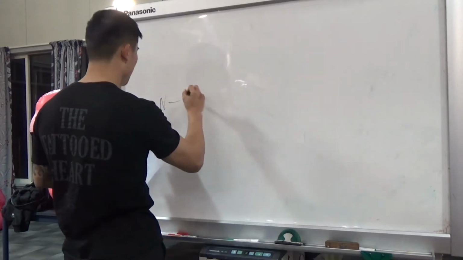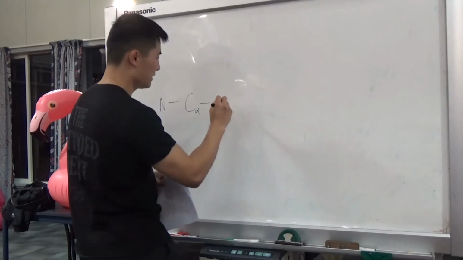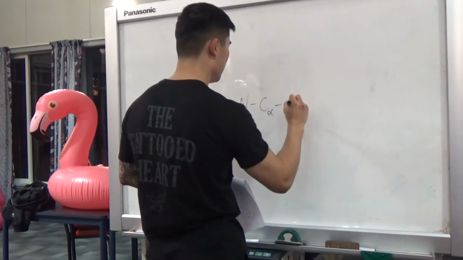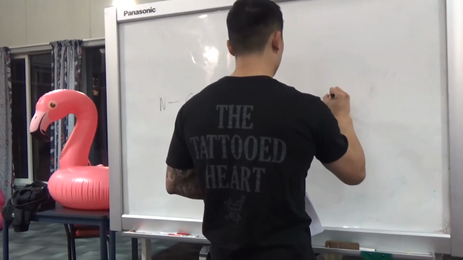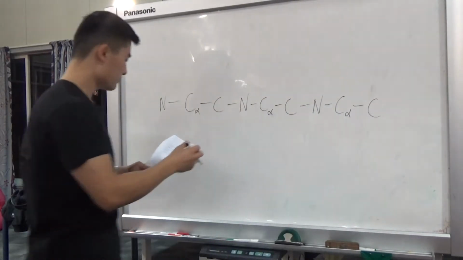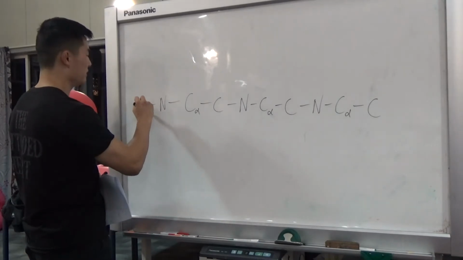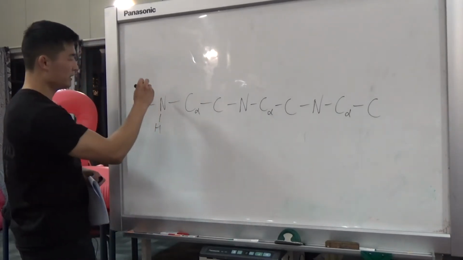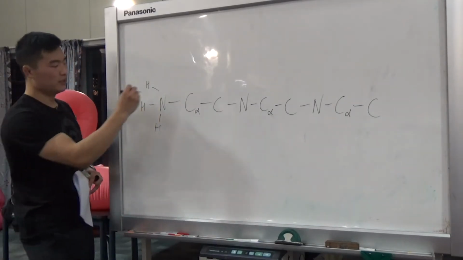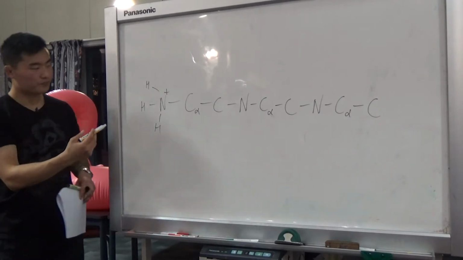So you've got the N, the nitrogen, the alpha carbon, carboxyl carbon, nitrogen, alpha carbon, carboxyl carbon, nitrogen, alpha carbon, carboxyl carbon. So you've got the N-terminus here. So at a pH of 7, this N-terminus will be positively charged.